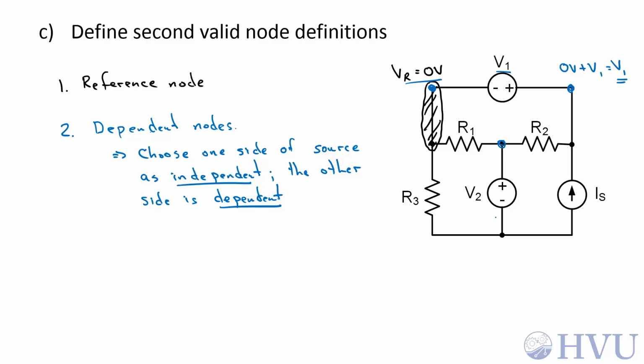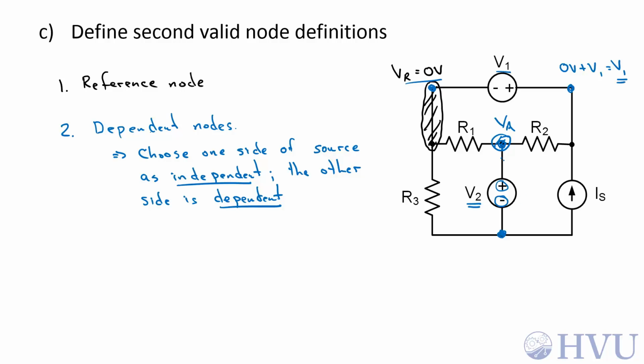Down here, these two nodes are dependent, the nodes on either side of V2. I'll choose one of those as being the independent node. Let's call this one VA. If this is VA, then this node down here is V2 volts below VA. The negative terminal is down here, the positive terminal is here.